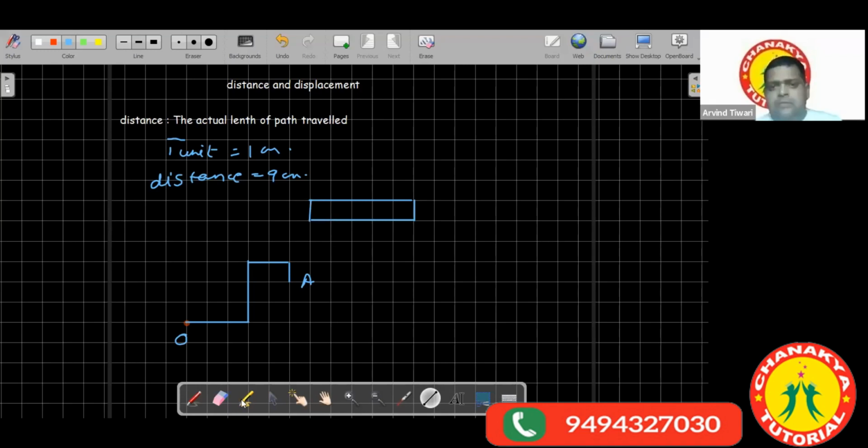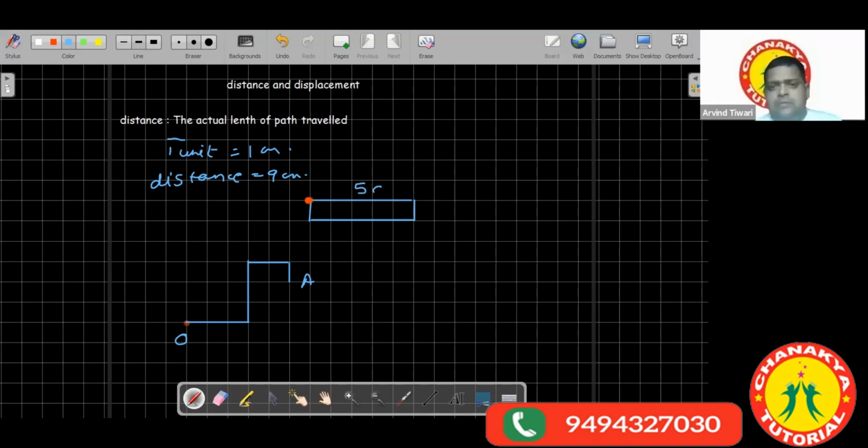Here my starting and end points are the same. How much distance have I traveled? 12. So this is 5 centimeters, you have 2 centimeters and 5 centimeters. You add up all of them and you get the answer as 12 centimeters. So the length of the actual path that I am traveling will be called the distance.